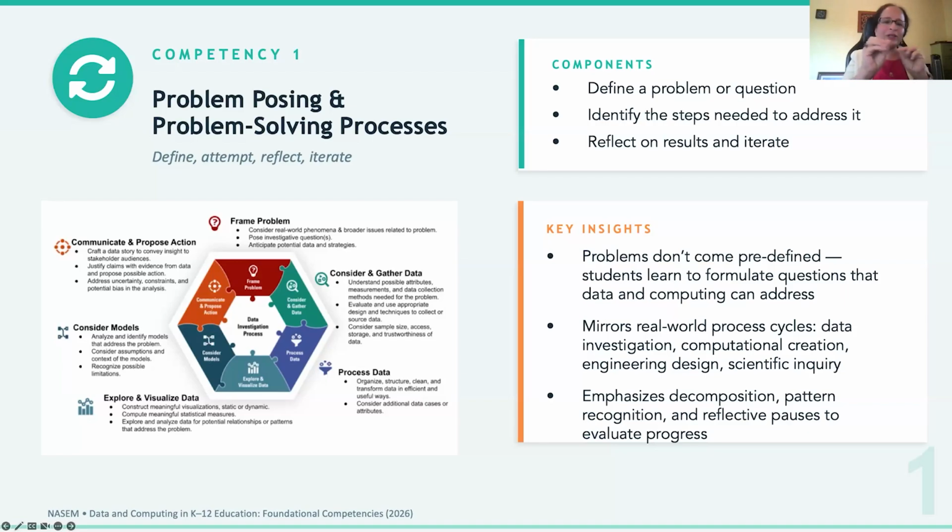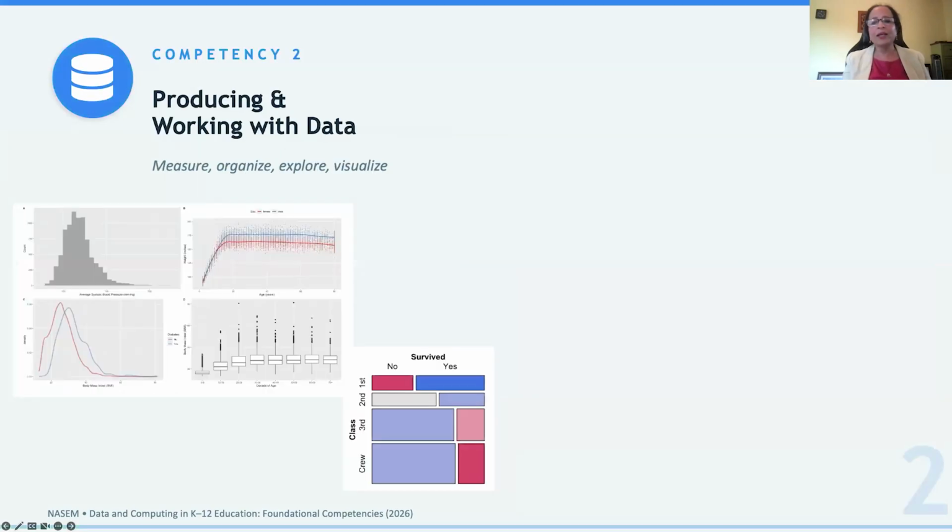And though there are disciplinary differences here and there, all of them share the same core structure of define, attempt, reflect, iterate. And importantly, the reflection step includes considering how data and computing solutions can have societal consequences. Conclusions drawn from incomplete data could be misleading, and algorithms trained on biased data can be harmful.